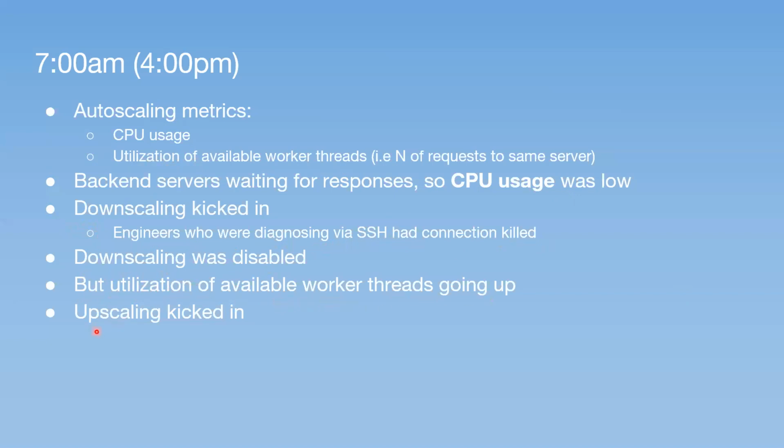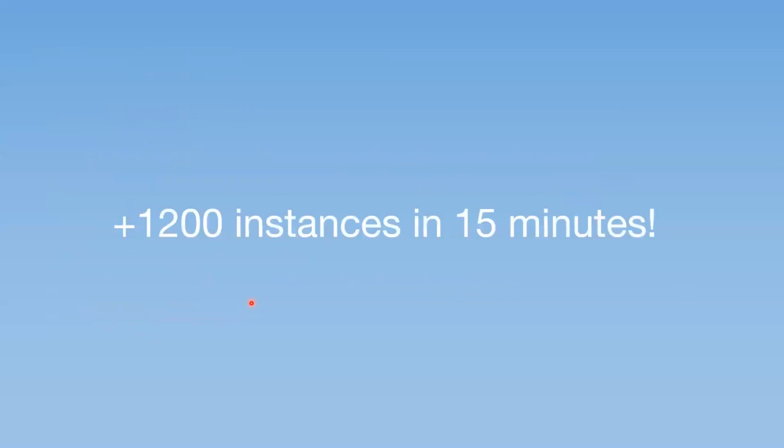And so upscaling kicked in. And when I say kicked in, I mean it really kicked in. It tries to create 1,200 instances in 15 minutes, which is much more than is required during peak load for Slack, as they admit themselves in the report.